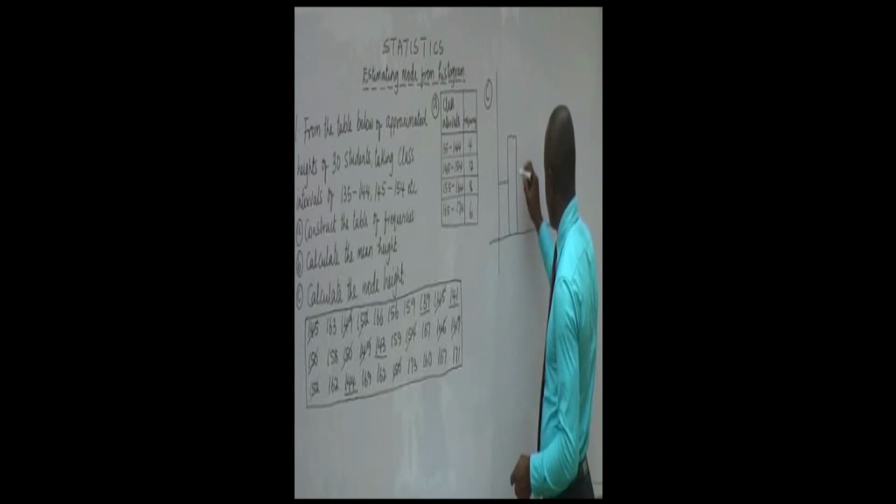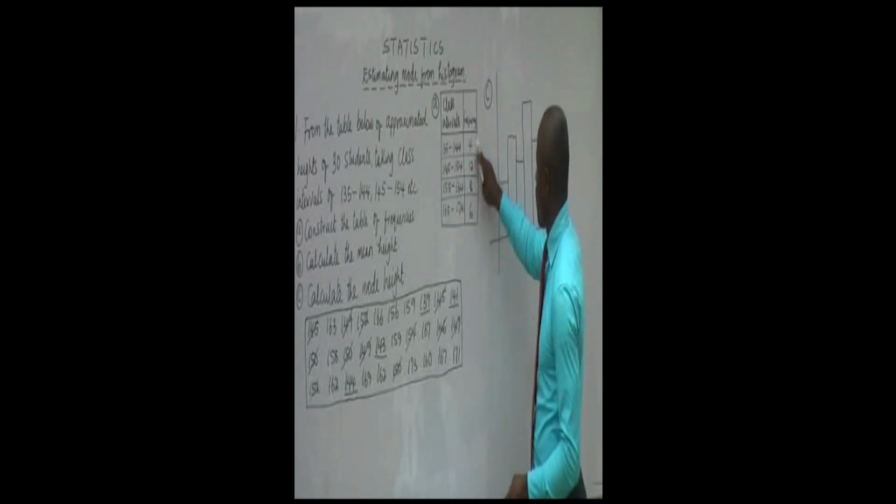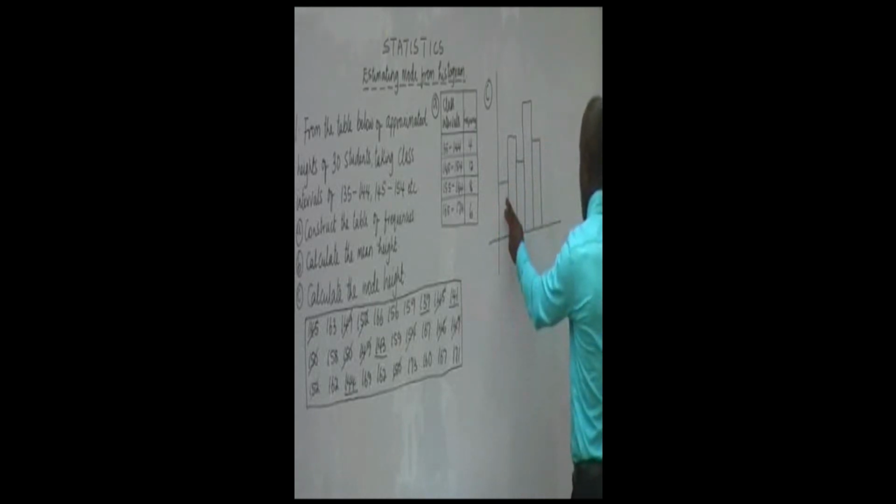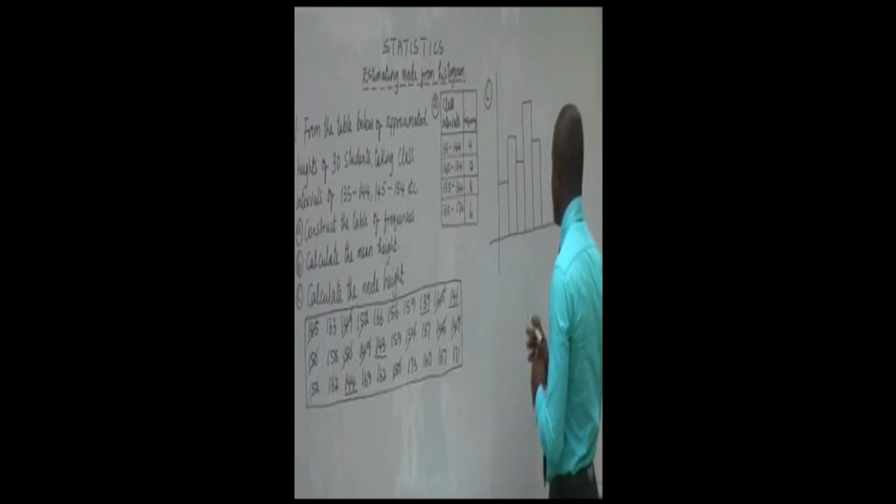Assuming your histogram is something like this. Have 1, 2, 3, 4, 1, 2, 3, 4, 5. Don't worry, I'm just using this as an illustration.